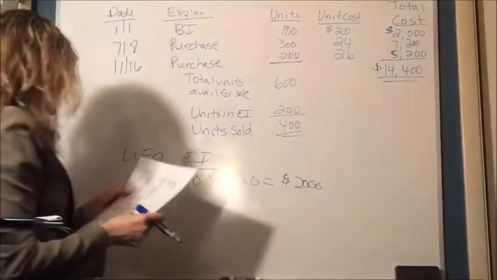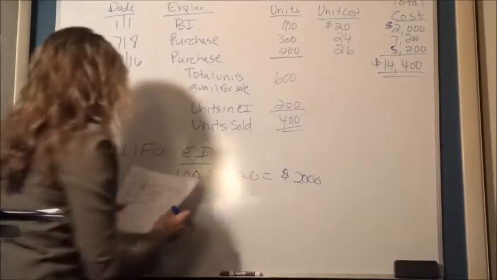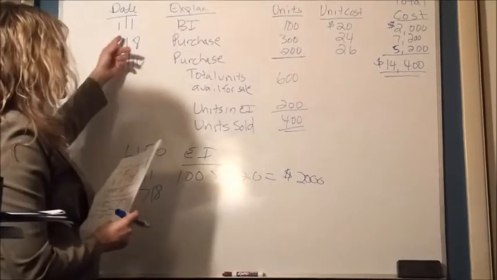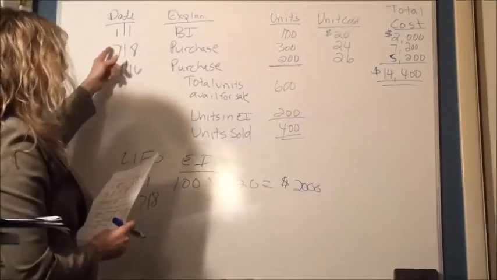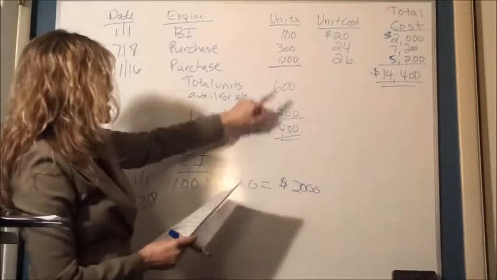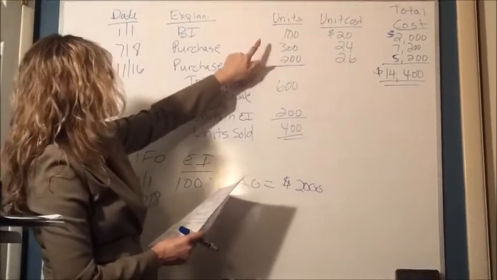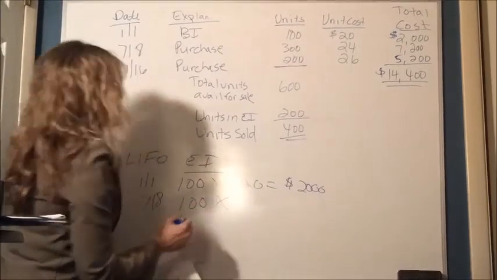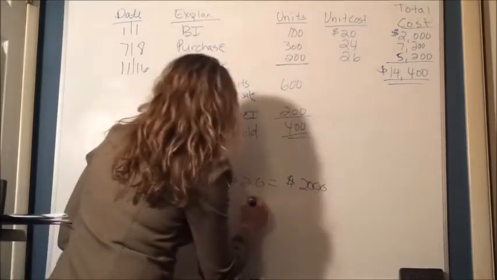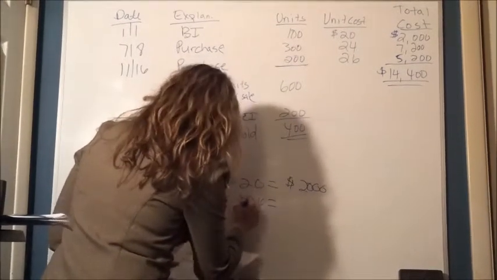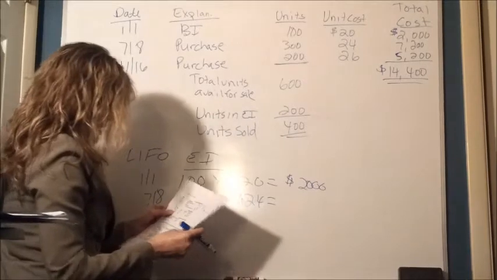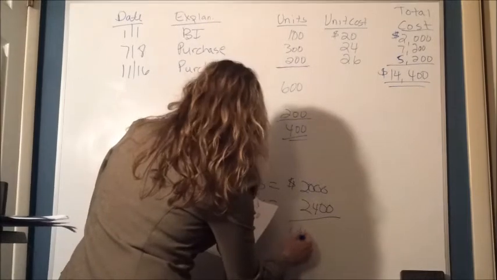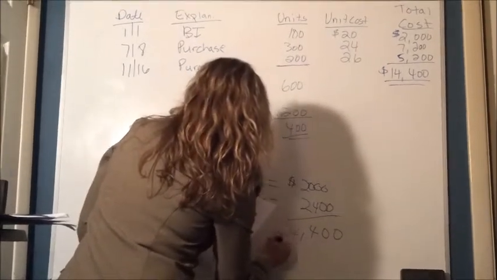And then I can take the portion of the purchase from July 8th, where I would have 100 units left because I sold 400. I sold 200 of November 16th, 200 of the July 8th. So the 100 units I have left from July 8th multiplied by $24 per unit would give me $2,400. So my ending inventory is $4,400.